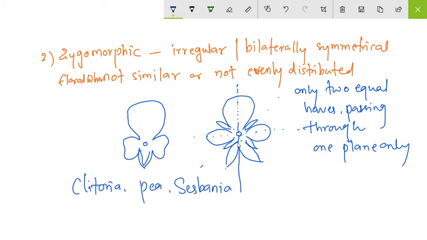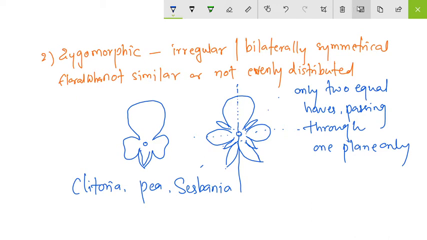We can cut the flower only passing through one line or one plane, so it produces only two equal halves. Through any other plane it is not possible to cut the flower into two equal halves. So that is known as zygomorphic symmetry.